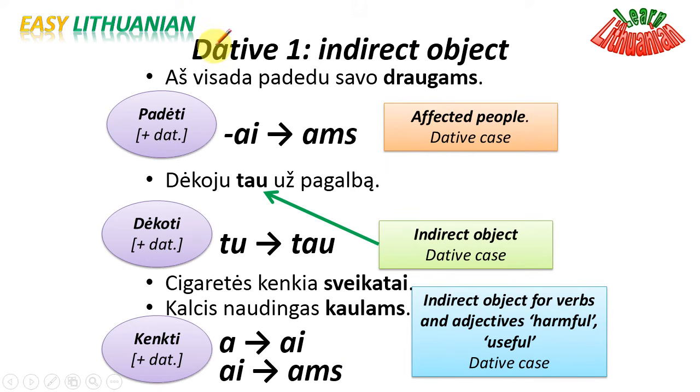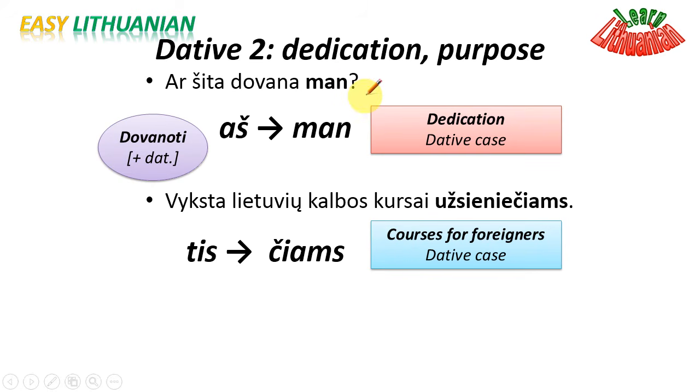So the first usage is with certain verbs and certain adjectives. The second usage is with dedication or purpose. Ar šita dovana man? Is this gift for me? Aš turns to man, because dovanoti means to give as a gift.